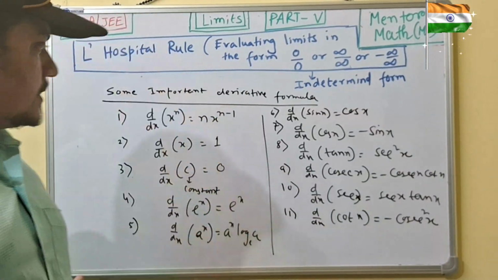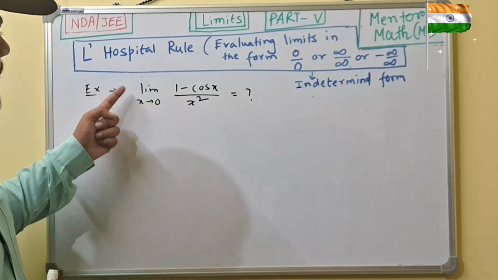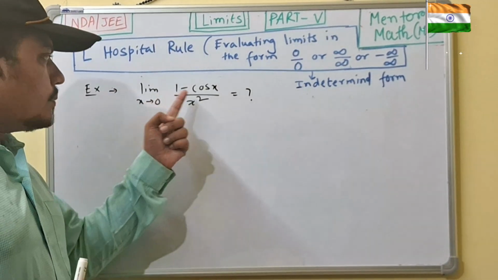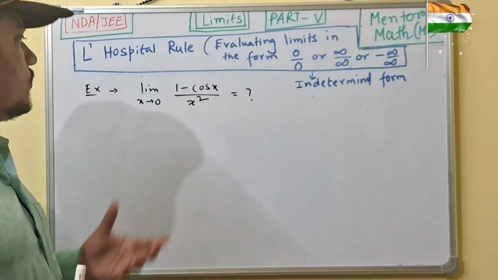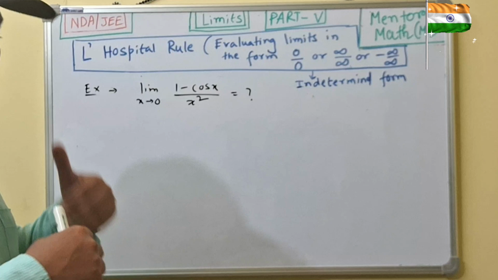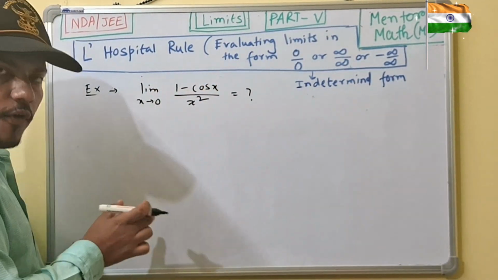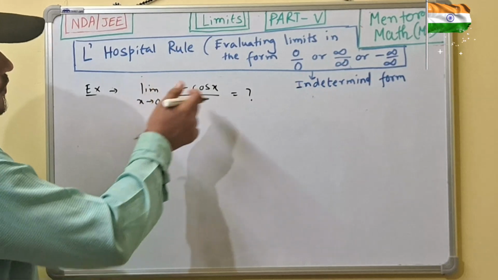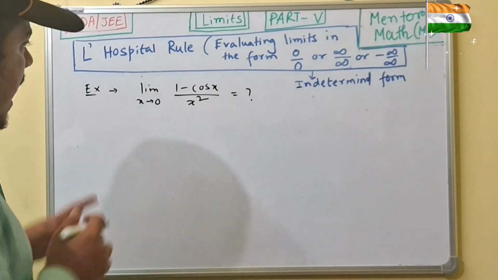Next, we can solve one example: limit x tends to 0 of (1 minus cos x) by x square. We have to find the limiting value of this quantity. You can use the L'Hospital rule because this is a numerator by denominator rational form, and both numerator and denominator are differentiable functions.